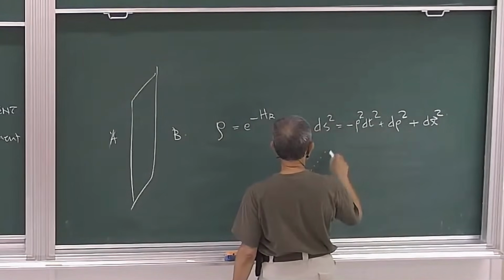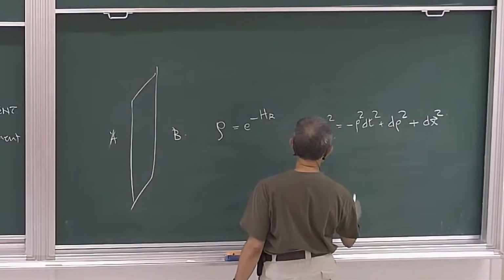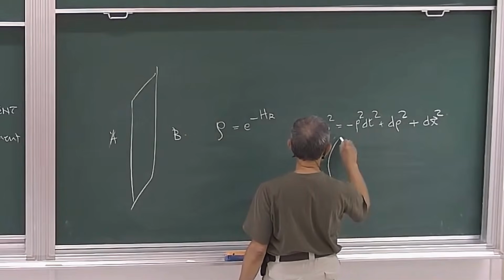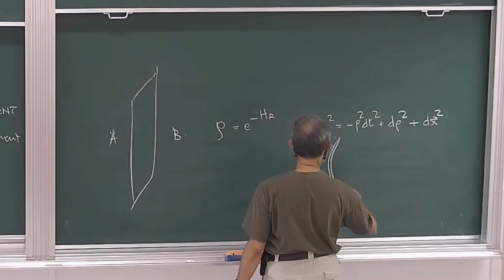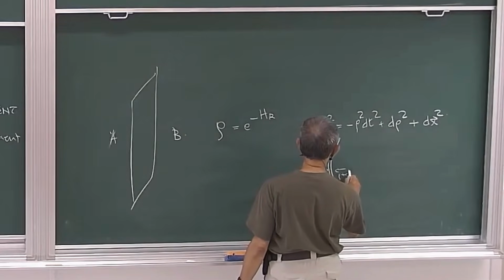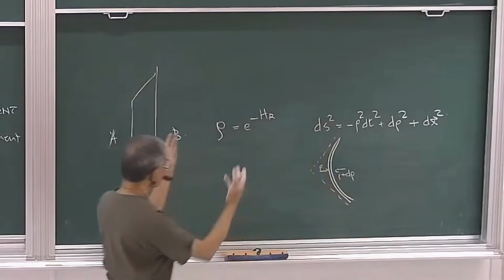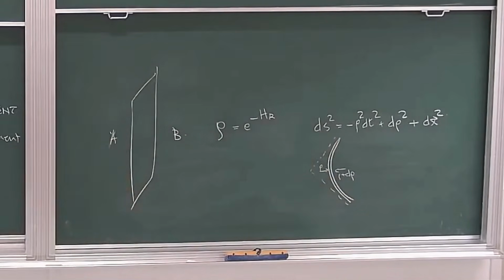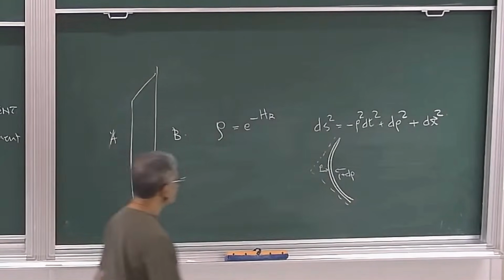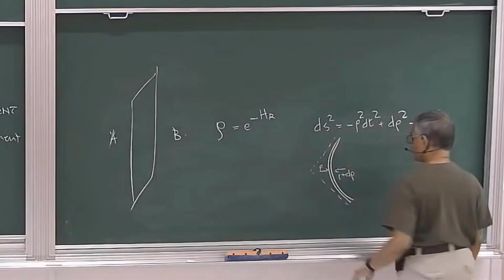You take a little strip between rho and rho plus d rho, and you're supposed to calculate the standard thermodynamic entropy of this strip, and then integrate over all strips all the way to infinity.